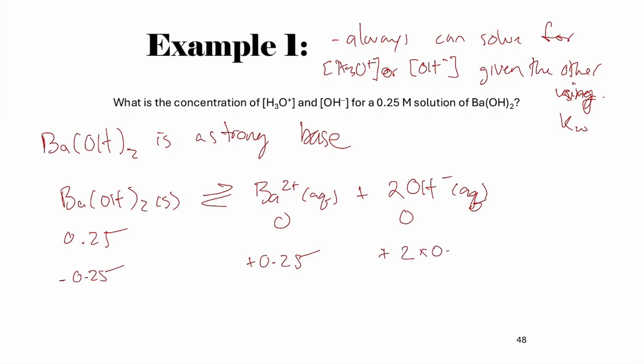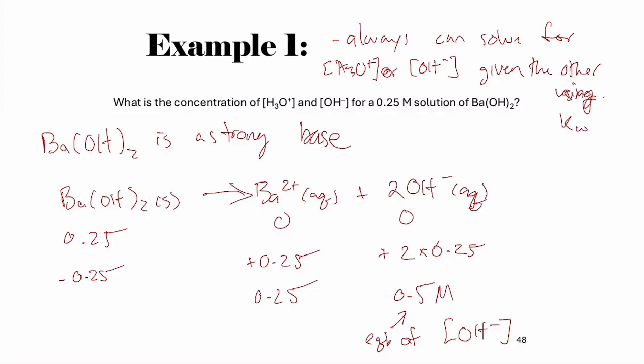Plus 2 times 0.25, so it'd be 0.5. So if we have 0.5 molar, that's our equilibrium concentration of OH minus, because we dissociate 100% of the OH minus ions in solution. This equilibrium does not go the other way, right? So when I drew the double arrows here, that was wrong. This is a one direction equilibrium.